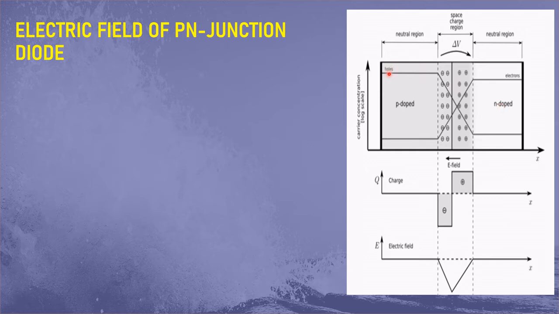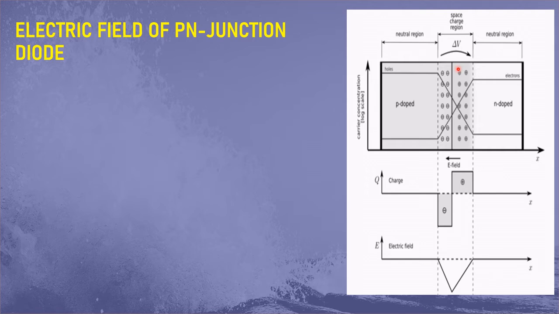So here we write holes because this is the P side, and here we write electrons because this is the N side. This P side and this N side are the neutral regions, and this junction region is called the space charge region or depletion region. We already talked about this topic.